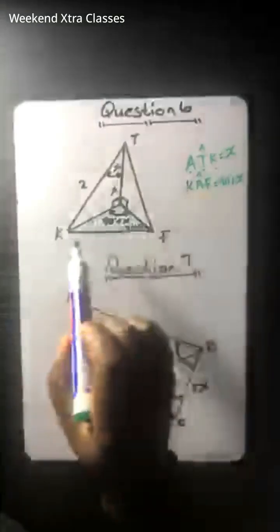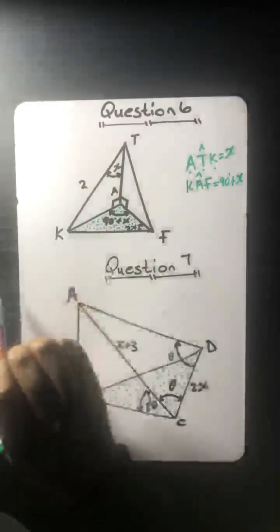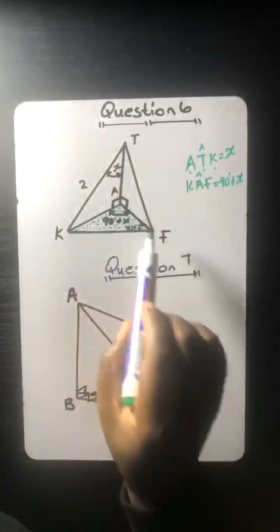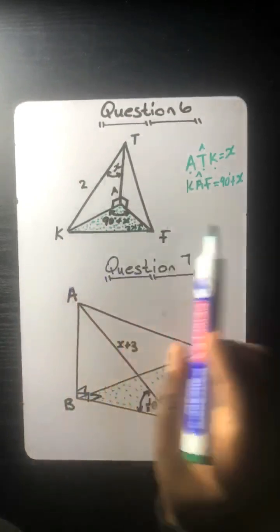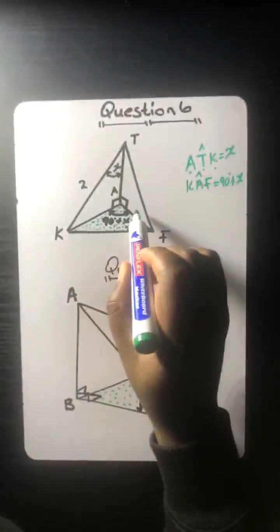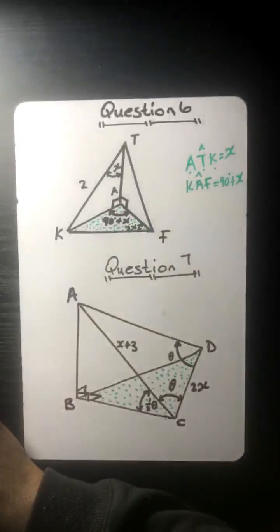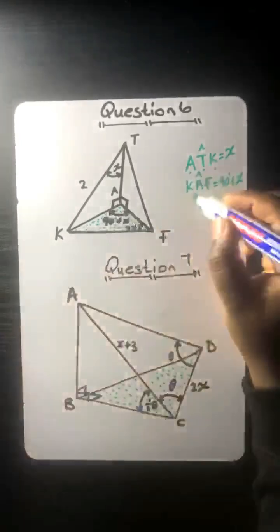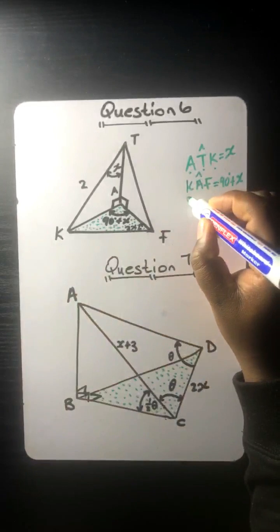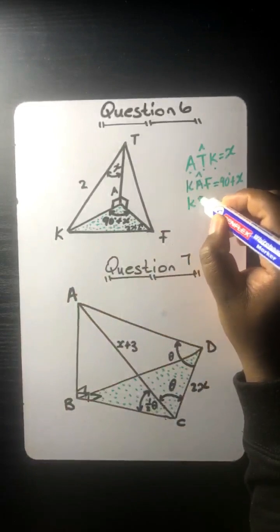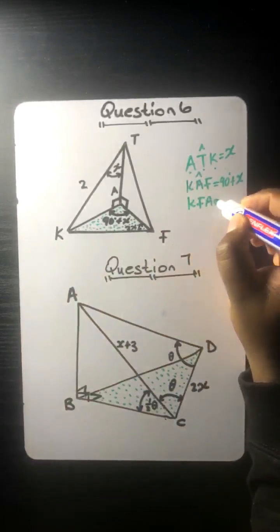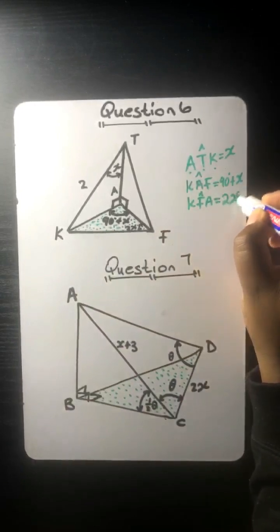There it's K, there it's A, there it's F. Oh, okay, now it makes sense. So that angle A is that. Again, they say in triangle KFA, angle F is the one which equals 2x.